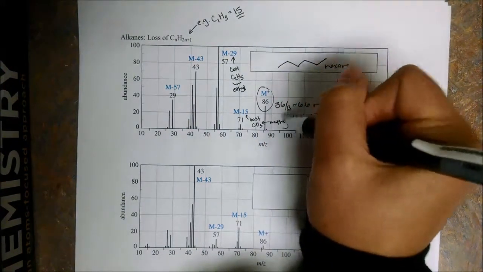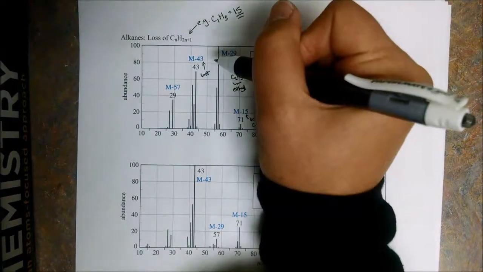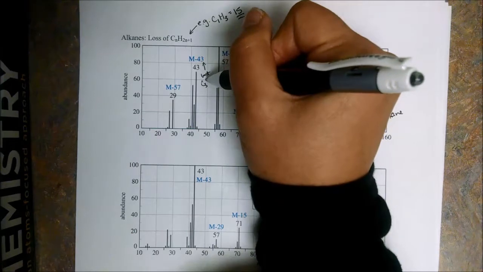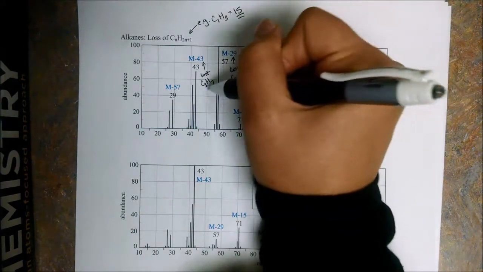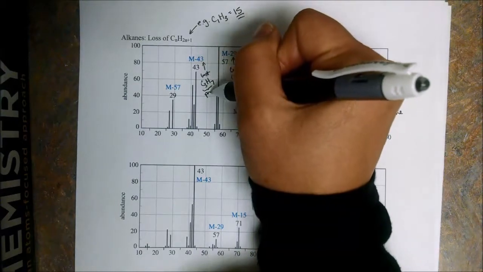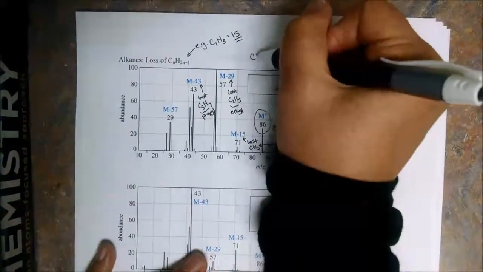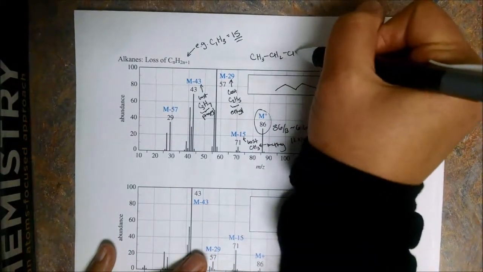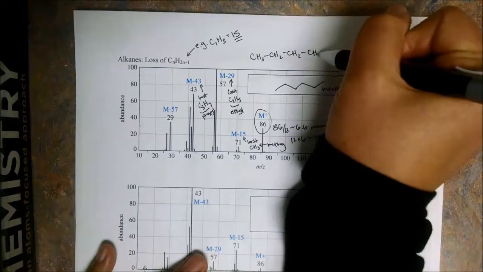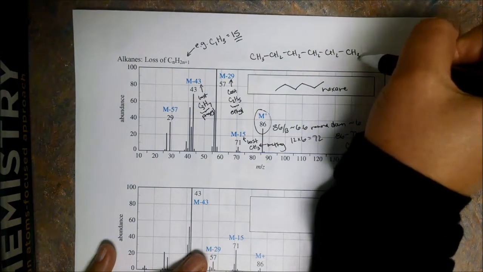Can anybody guess what the loss of 43 probably is? Lost C3H7, or a propyl. Okay, so if we drew out hexane, CH3, CH2, CH2, 4, 5, 6.